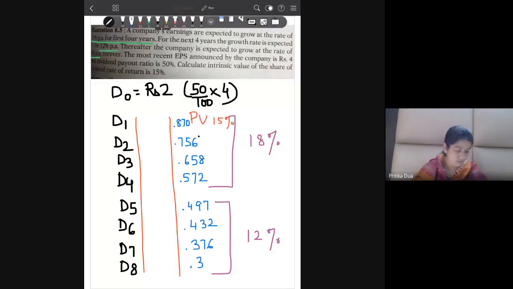I have given you the present value factor. Please calculate the amount of dividends.